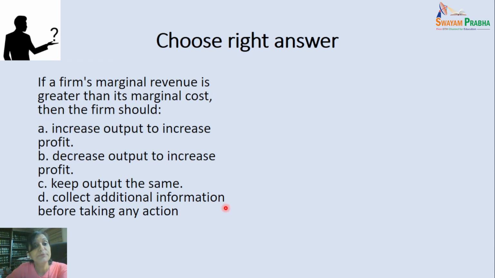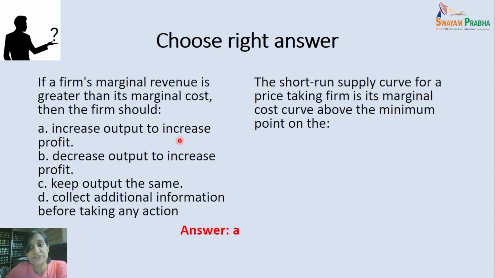We know profit maximization is when marginal revenue is equal to marginal cost. In such a situation, what should be the answer? A. The firm should increase the output in order to increase the profits.